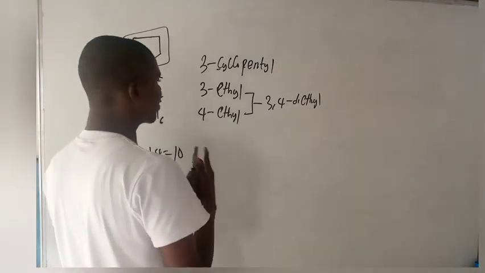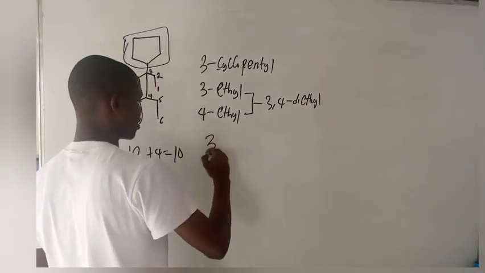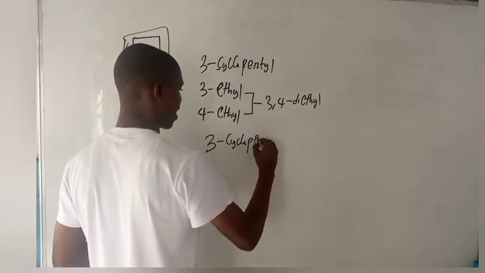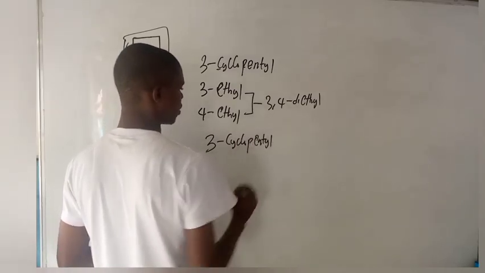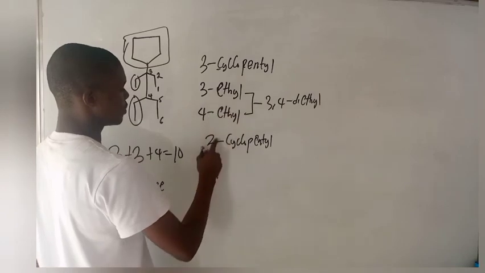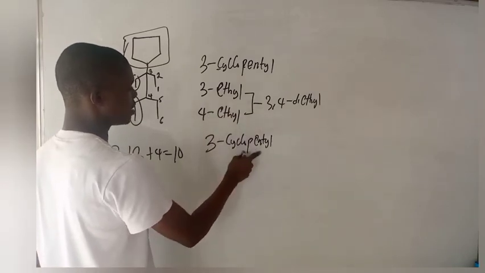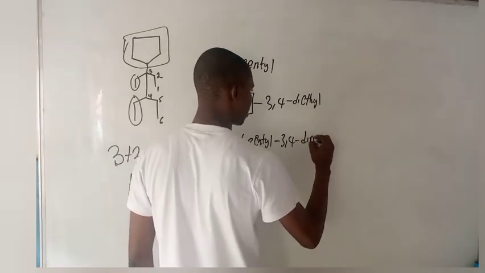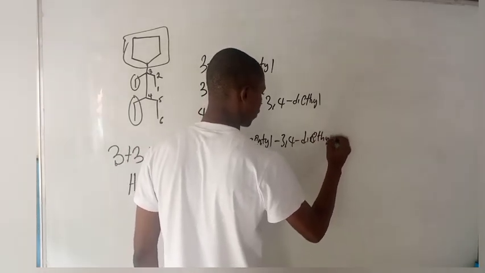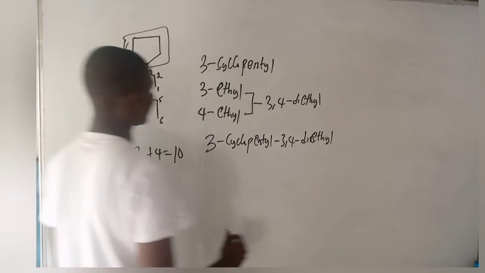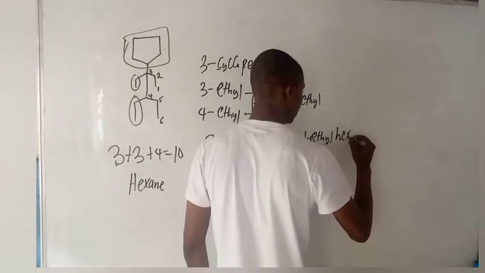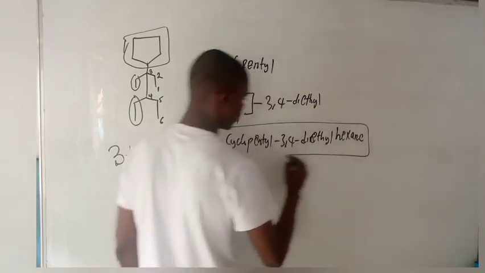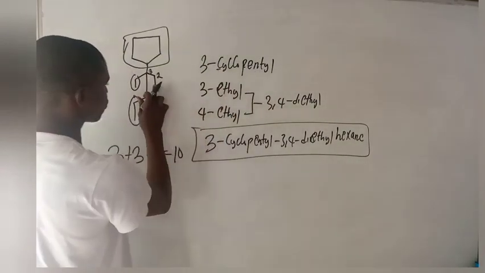So when I arrange it, that will be 3-cyclopentyl, then 3,4-diethyl, then hexane. So that is the name of this structure.